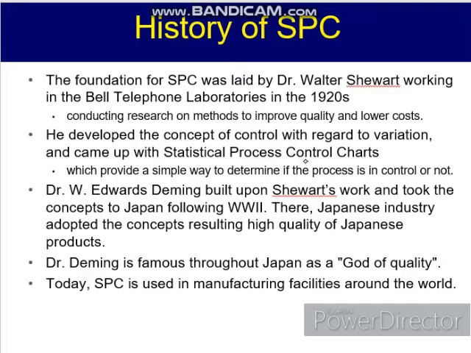Using this chart, you can assess whether the process is in control or not. If the process is in control, then the variability happening in that process is natural variability. If the process is not in control, then it indicates that there are unnatural variations happening in that particular process.